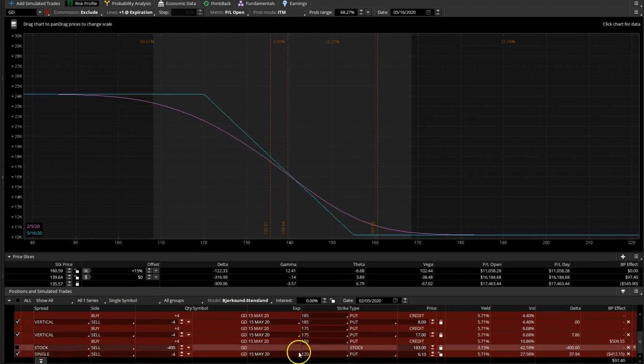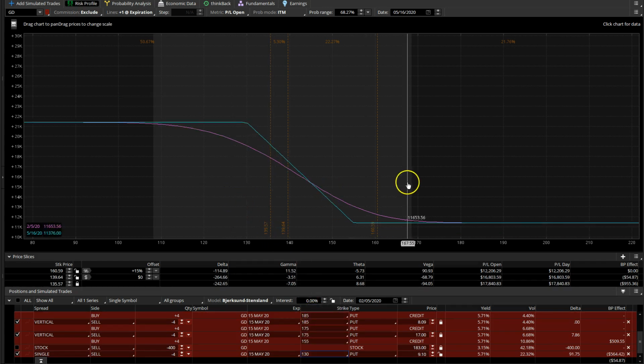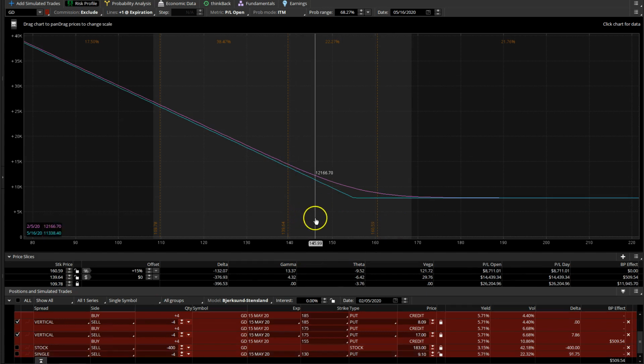And if I want even more time decay, let's say I do the 130. Again, now if it goes up, I'll be making $11,000. That's the least that I will be able to make. And if it goes down, my max win will be $21,000. This is the way that I believe it's better to short the market or any stock that you want.